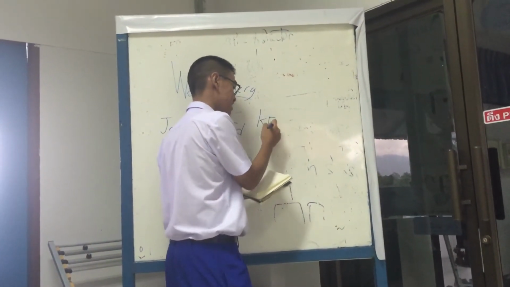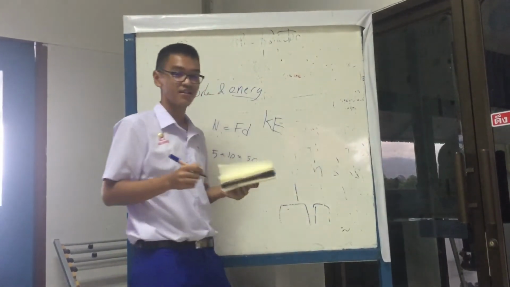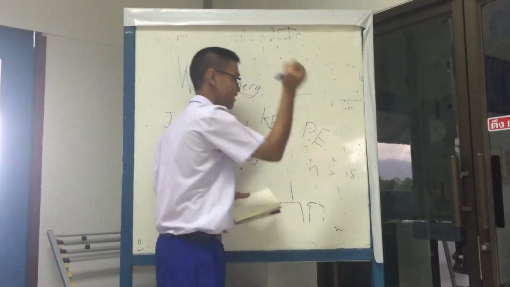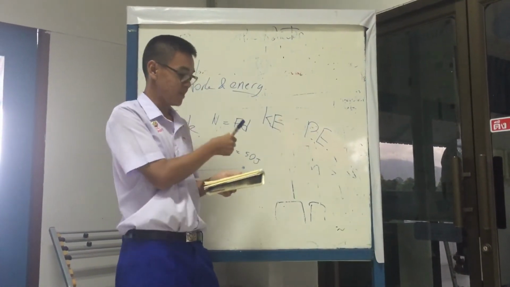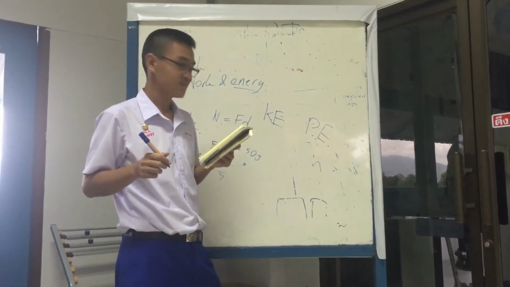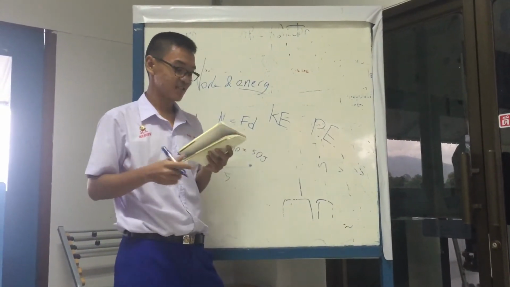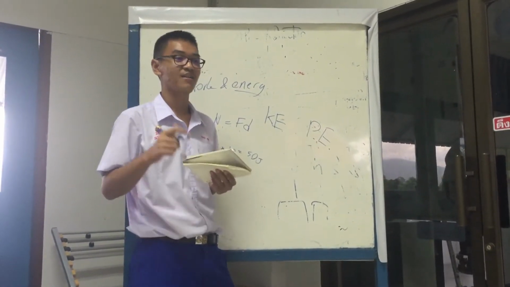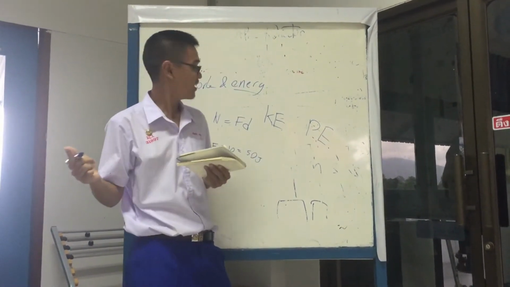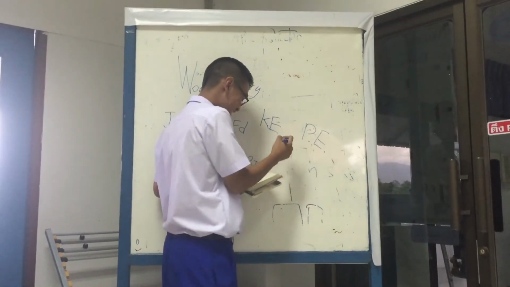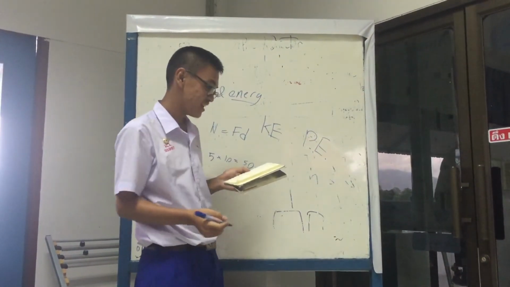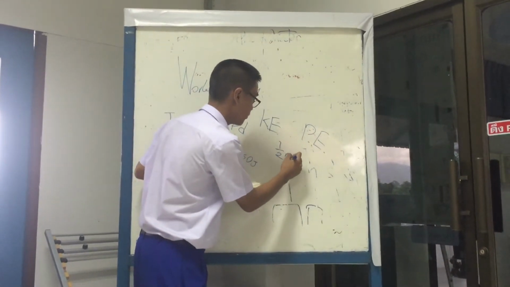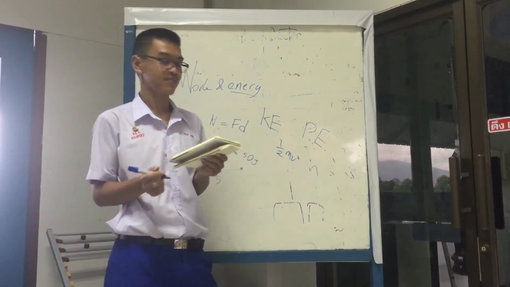Kinetic energy, you can write it as K, and potential energy as P. Kinetic energy is for the moving object, the object that is in motion. The formula for this KE is 1 over 2 mv squared.